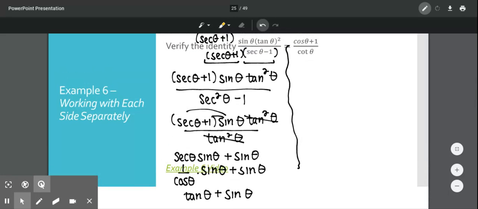So it might make sense now that we're going to simplify on the right-hand side. So what I would do is take my cosine theta plus 1, and instead of dividing by cotangent, you're going to multiply by tangent, which is sine over cosine.